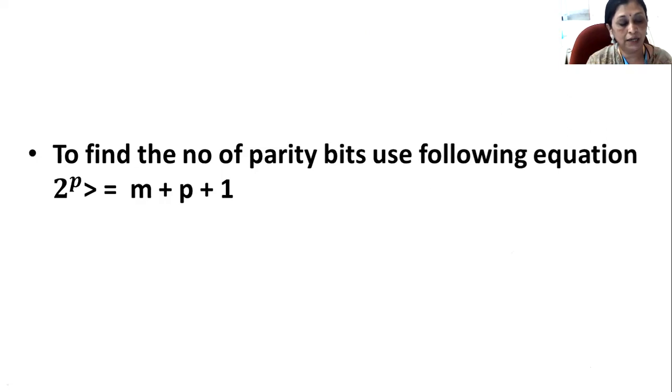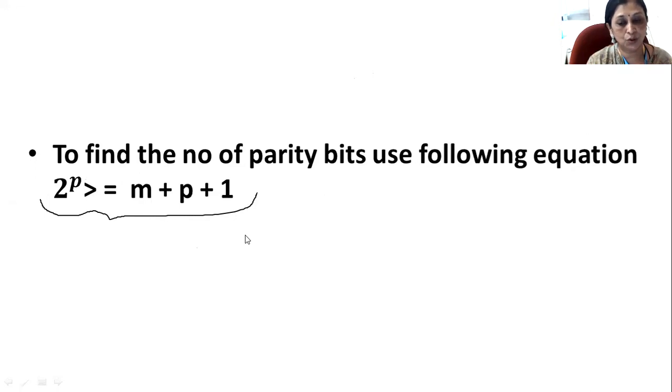And we have to use the equation which is written on the screen to find the number of parity bits. This equation is, 2 raised to p must be greater than or equal to m plus p plus 1.